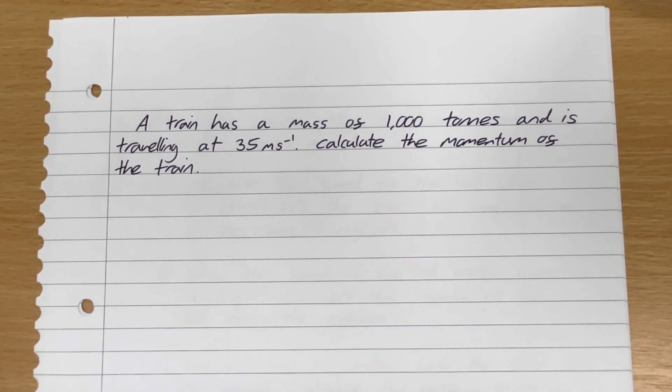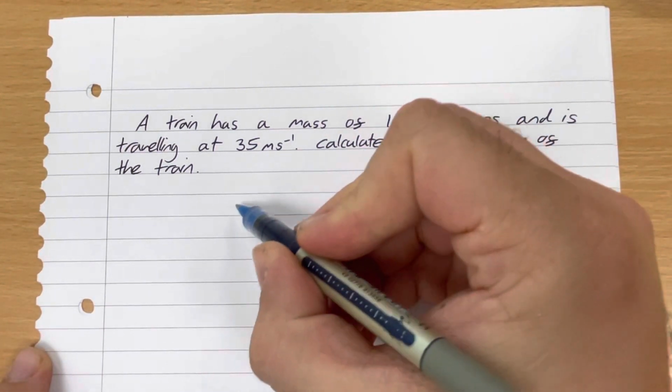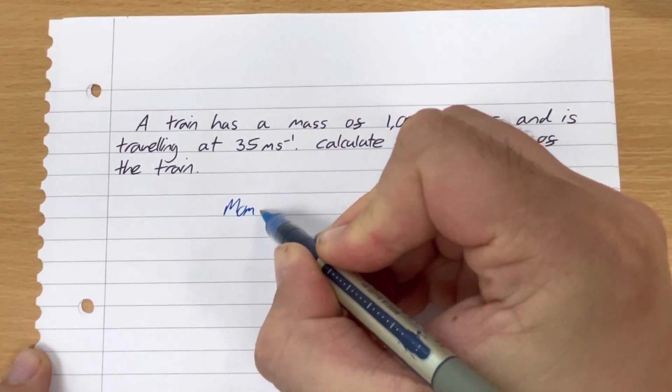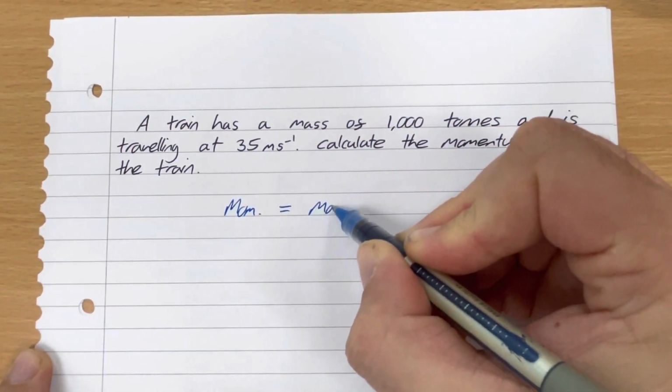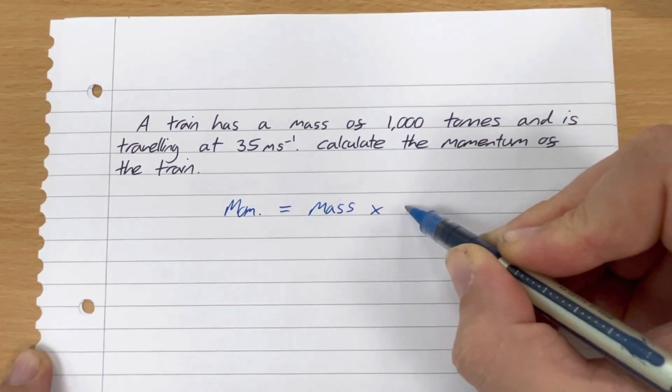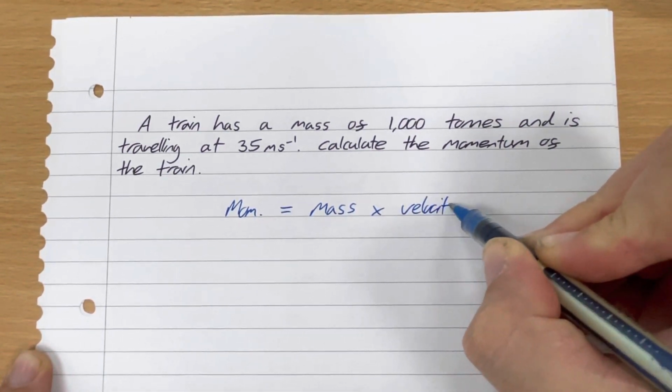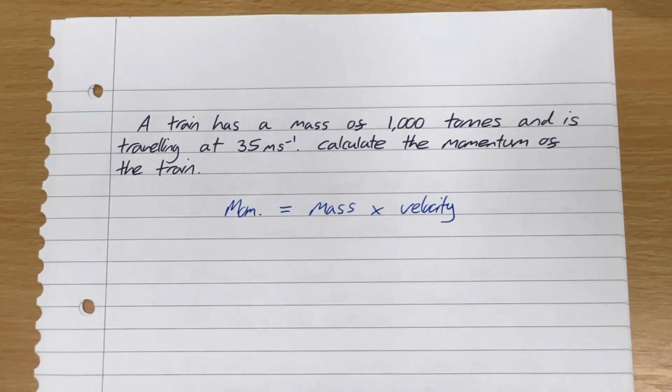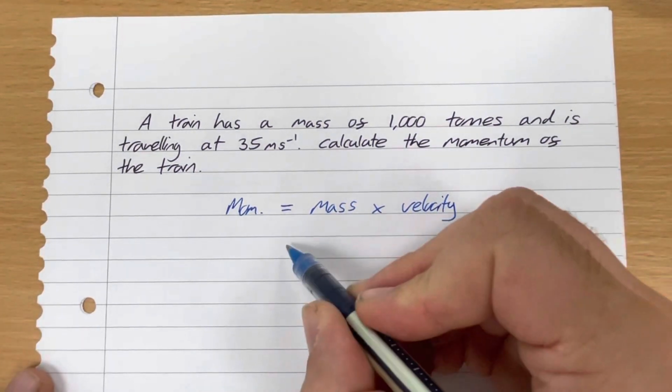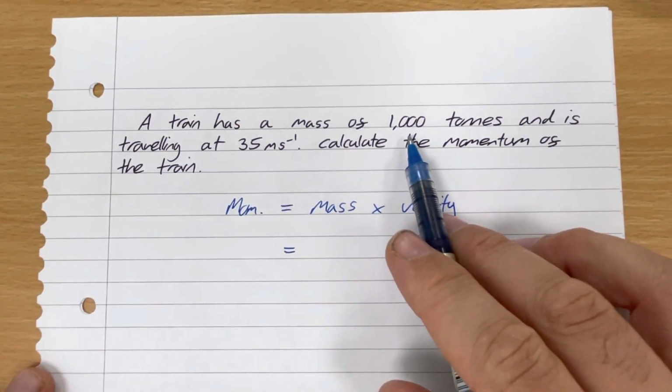Okay, so let's have a look at some basic questions on this topic then. Okay, so we've got a train. It's got a mass of 1,000 tons and is travelling at 35 meters per second. Calculate the momentum of the train. So momentum by the formula is mass times velocity. Now, usually we deal with SI units, so we need to convert the 1,000 tons into kilograms.